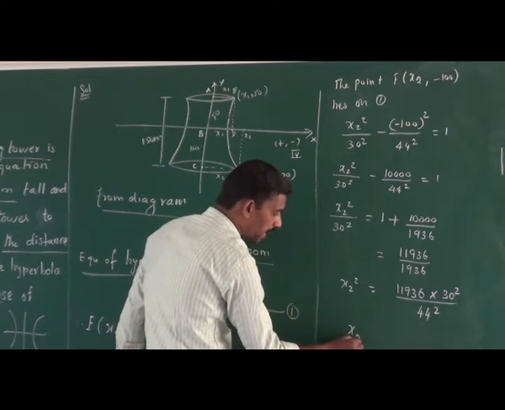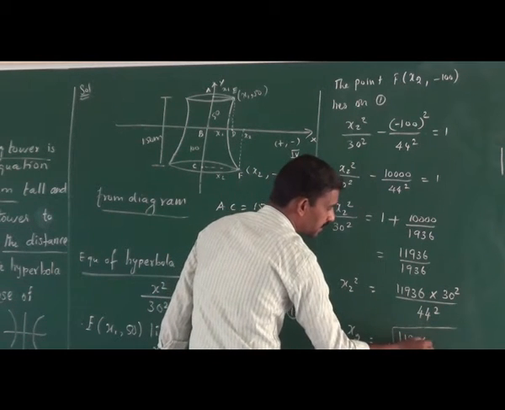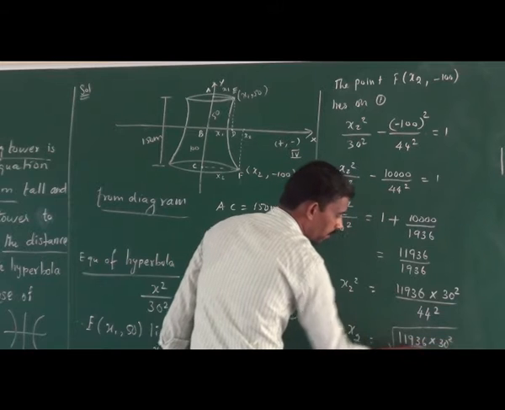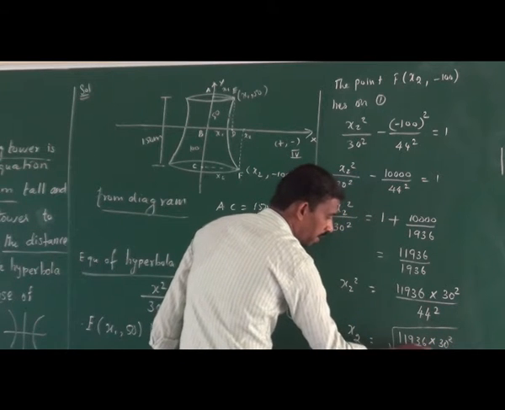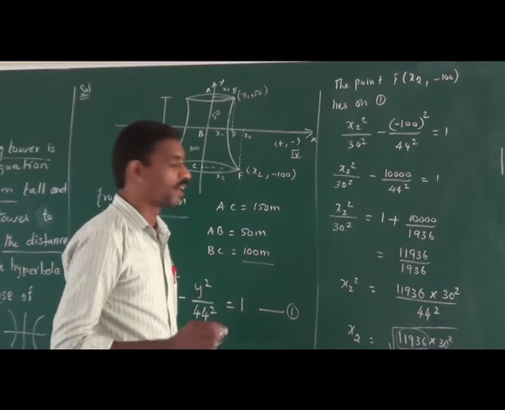Now we want to find out x2, so we want to take square root of 11936 into 30 square divided by 44 square. Here 11936 is not a perfect square.